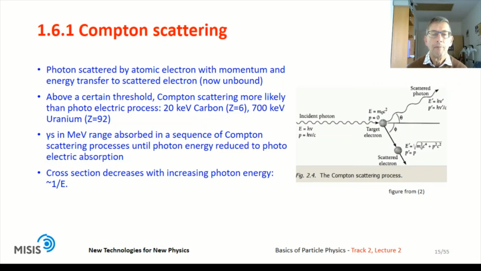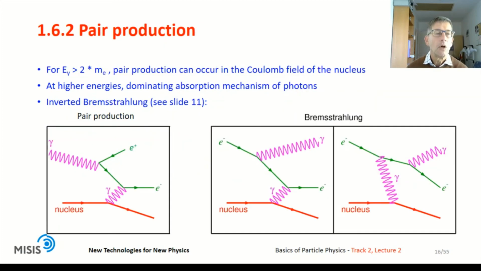And then pair production: if the energy of the photon is larger than twice the rest mass of the electron, remember that's about a half MeV, so in total 1 MeV, then in the Coulomb field of the nucleus, you can get a pair production.